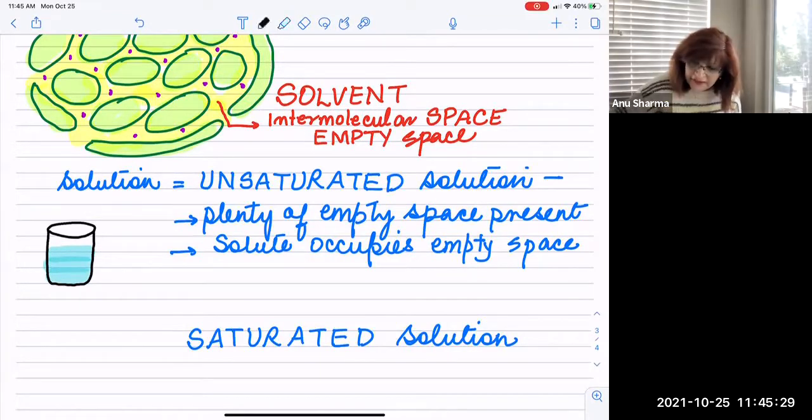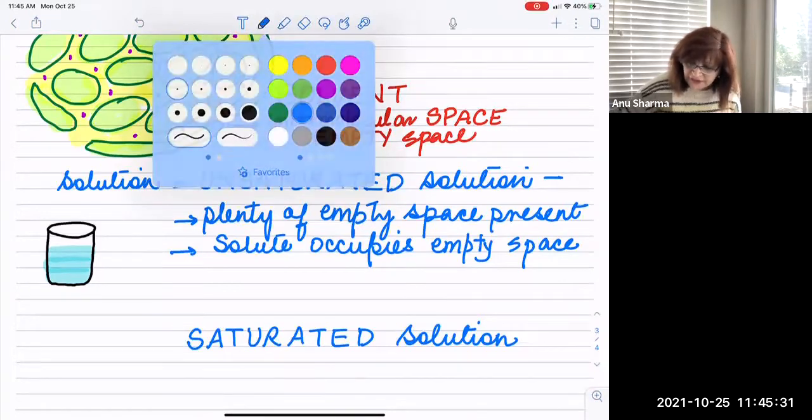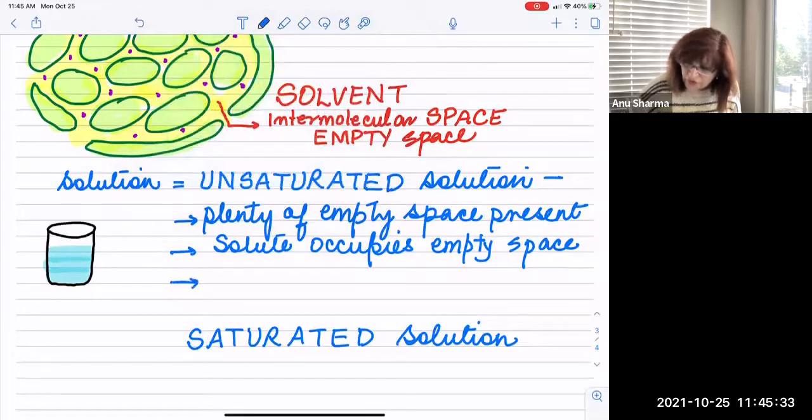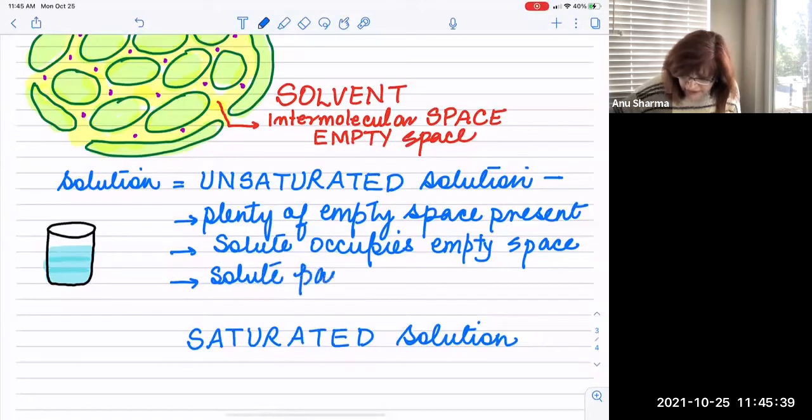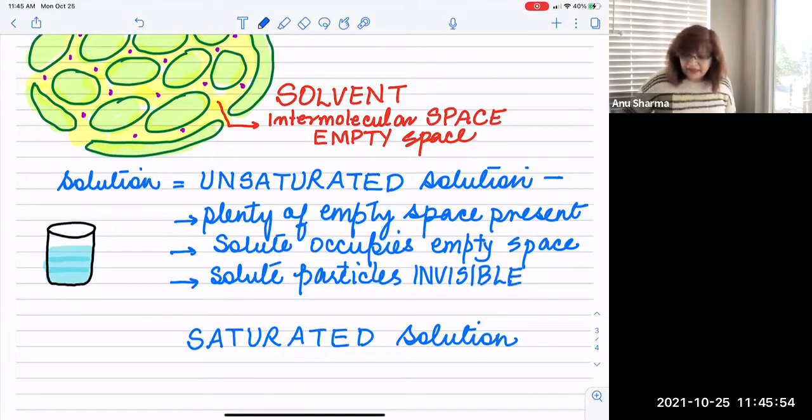You cannot see the solute particles. The solute particles occupy the empty space, but they are invisible.